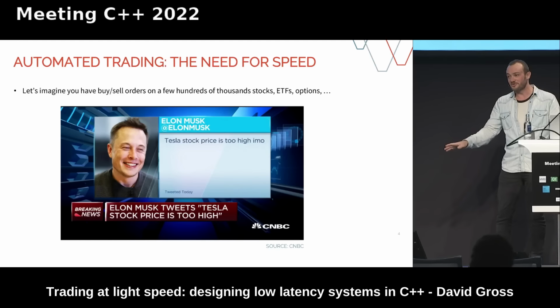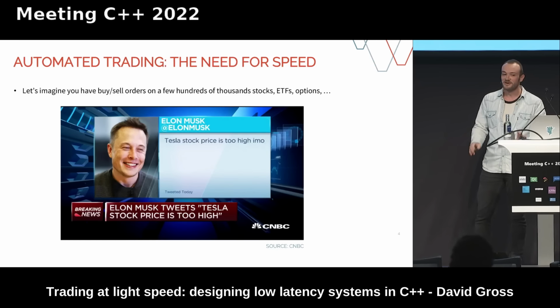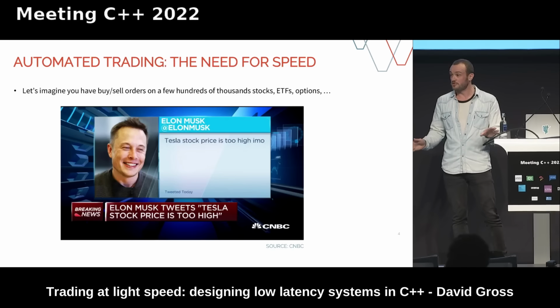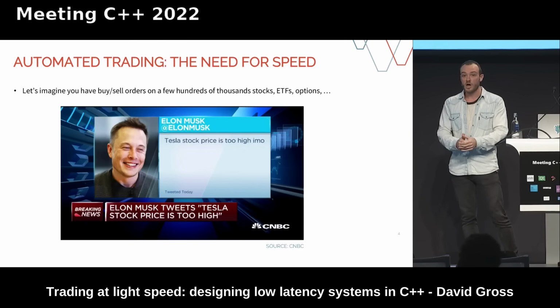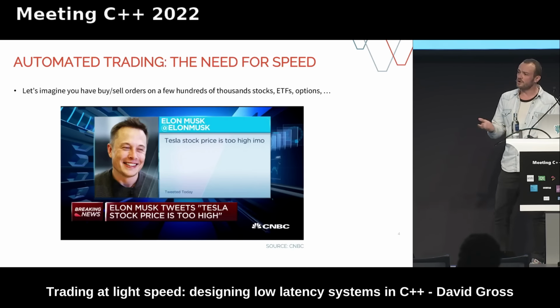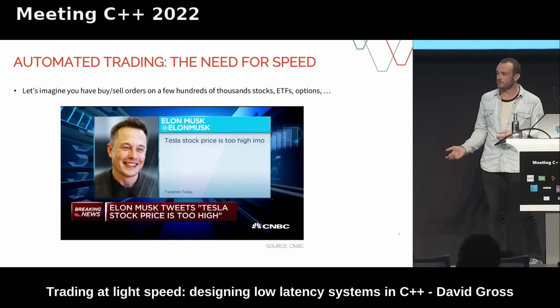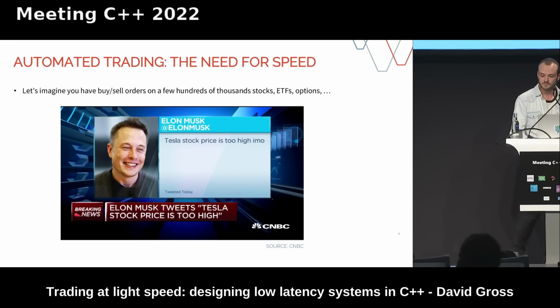If you had buy orders anywhere for a certain price, now this information is obsolete, and you immediately want to cancel them. That's the first thing you want to do. After that, you want to do other things. This is of course just one example of where you need very low latency in trading: headlines. There are many others, of course, but that's one.